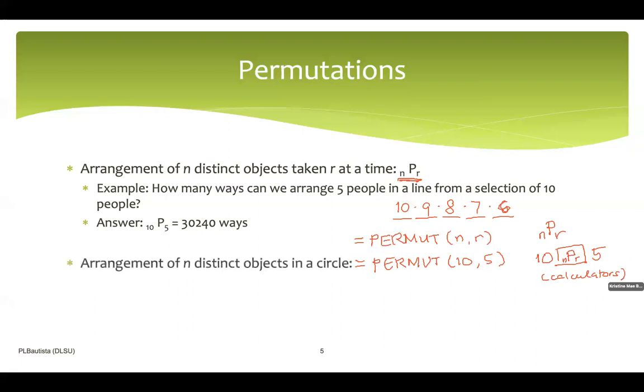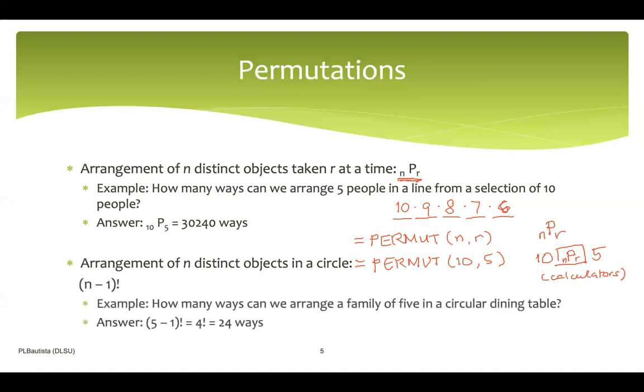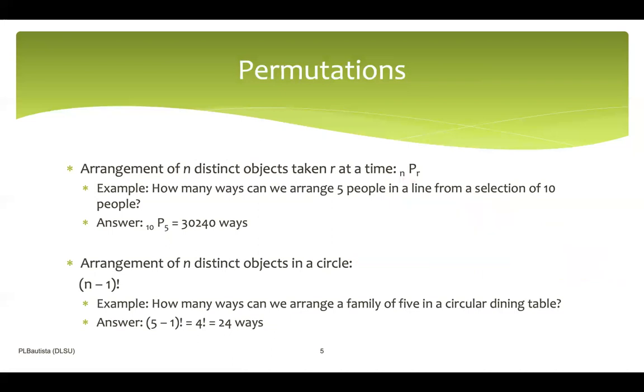So the next example for permutations, this time we are arranging n objects, but in a circle. So when we arrange n distinct objects in a circle, the number of ways you can arrange is given by n minus 1 factorial. Okay. So imagine that if you have a circle and you are going to arrange 5 objects, like in this example, we have a family of 5.